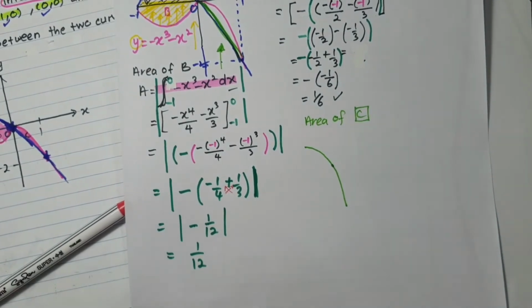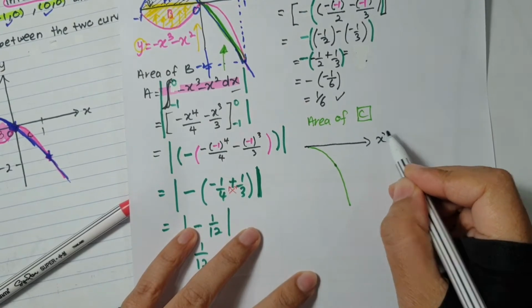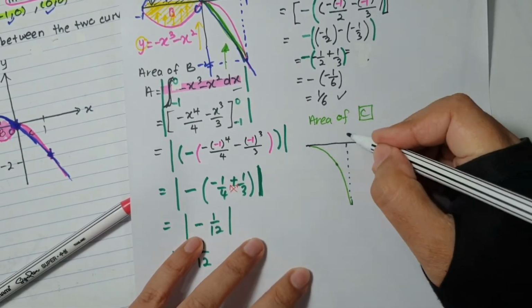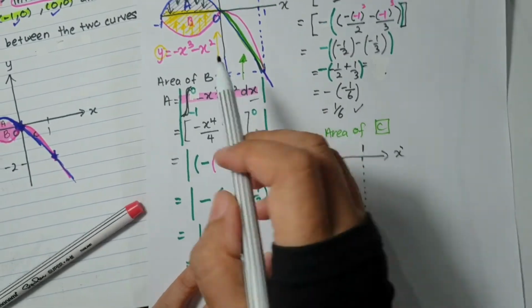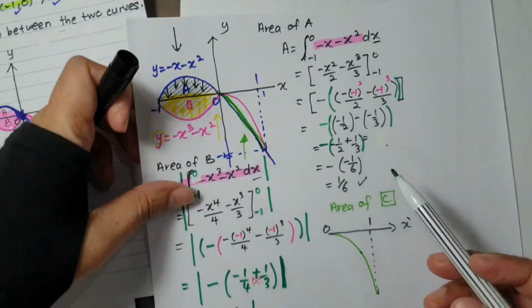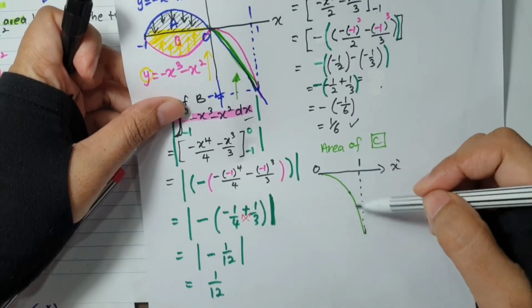And this is your x-axis. Here is 1, here 0, 0, 1. I am using this green colour.